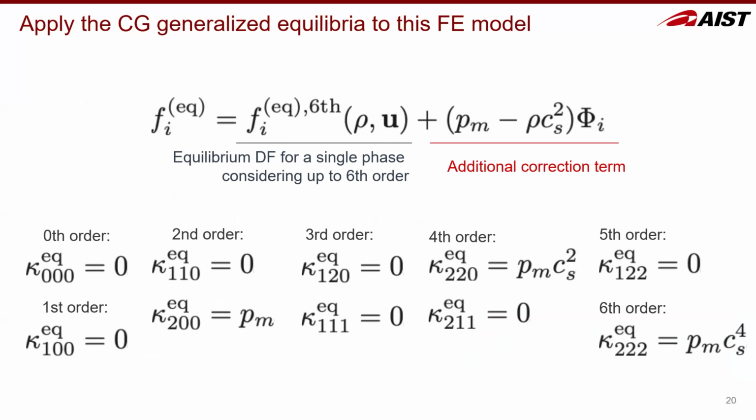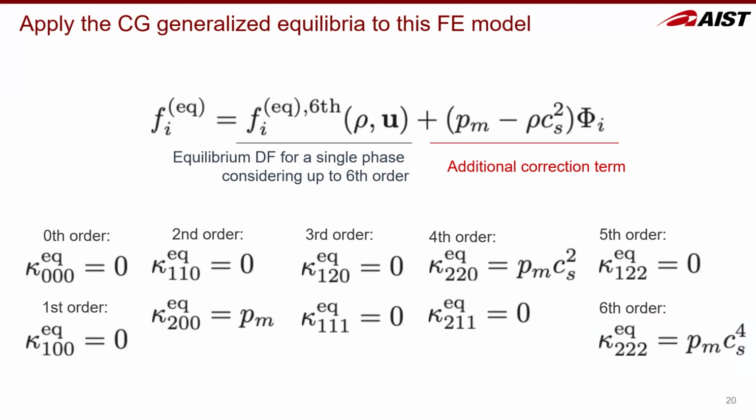By using this free energy model of Lee et al., we apply a similar approach to the equilibrium distribution functions. Here is the single phase equilibrium distribution function up to 6th order, and the right side is the additional correction terms.